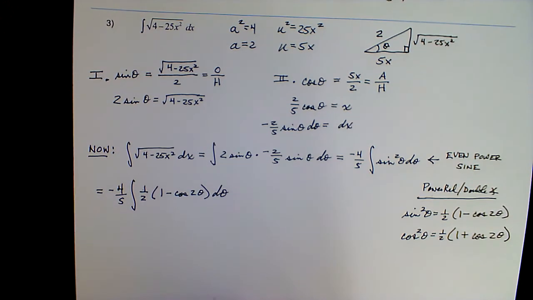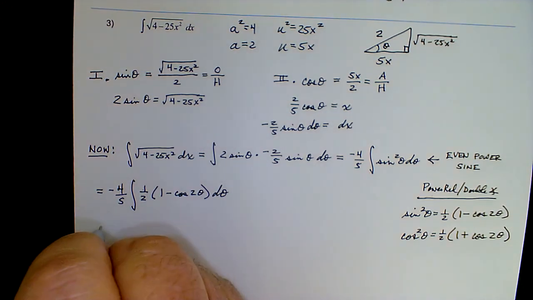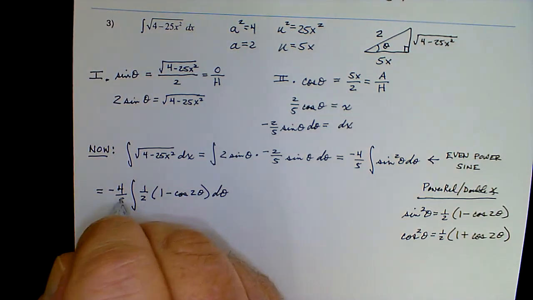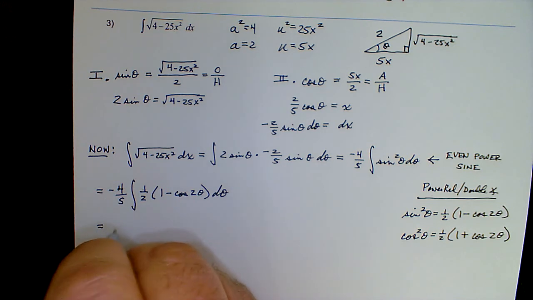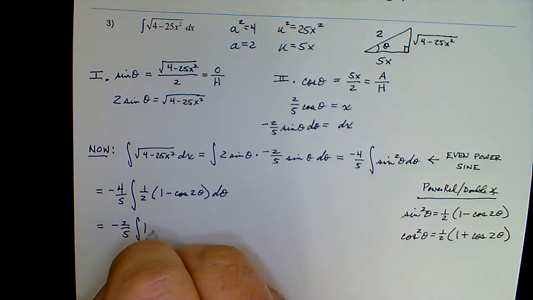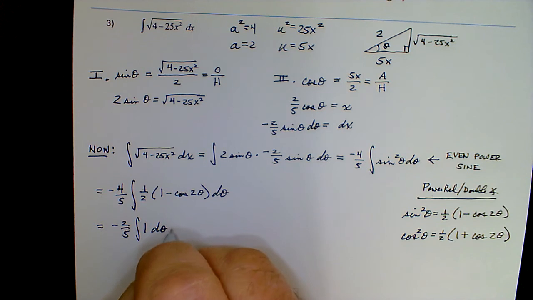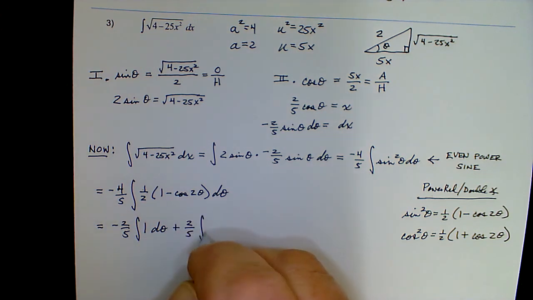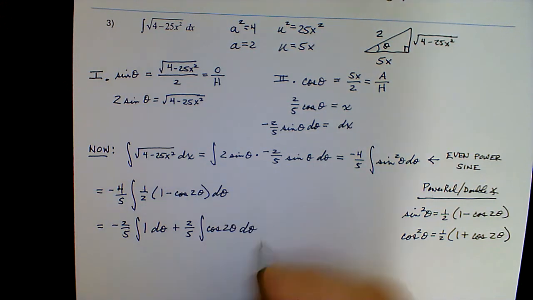Okay, to make the integrations clear, let's separate this into 2 integrals. So minus 4/5 times 1/2 is minus 2/5, so we'll have minus 2/5 integral of 1 with respect to theta, and then plus the 2/5 times the integral of cosine of 2 theta with respect to theta.